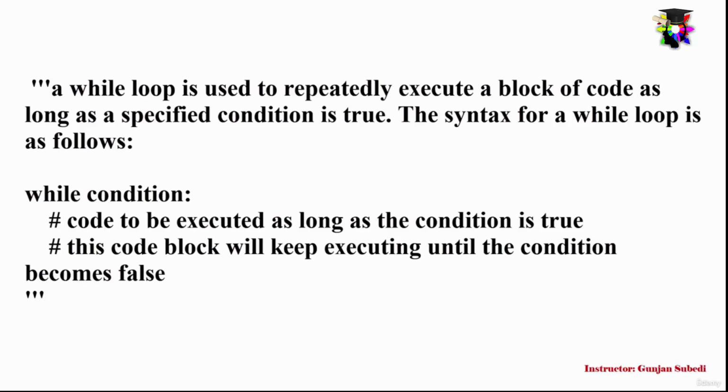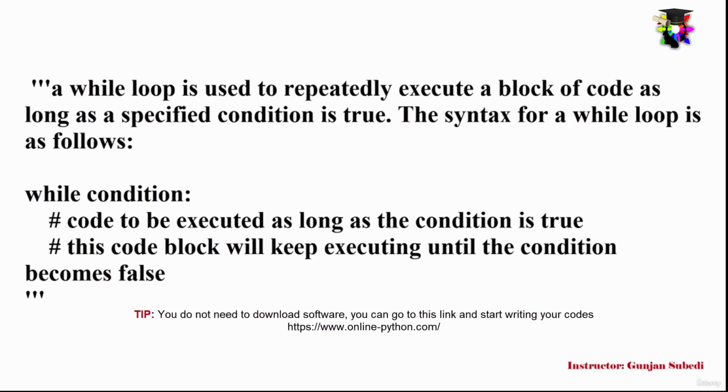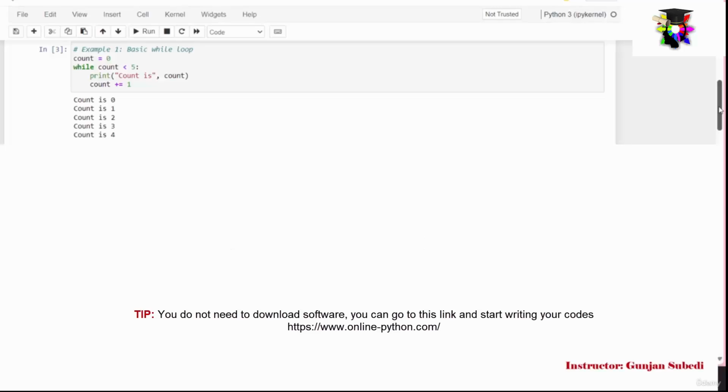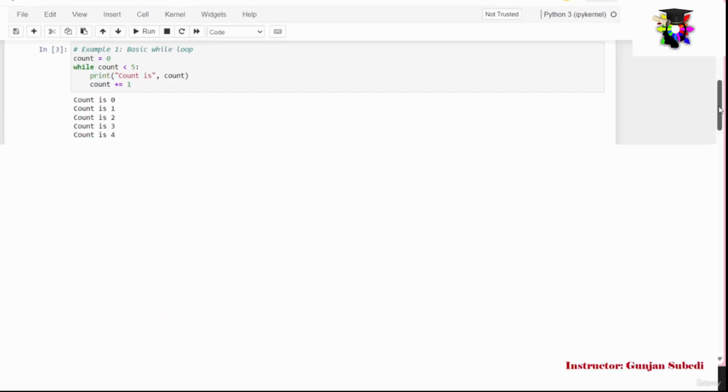To understand it much better, let's see an example. In this example, the loop will continue to execute as long as the count is less than 5. First of all, we assign count as 0 and we put a condition with the while loop. While count is less than 5, the print statement is given and count plus equals 1, which means it keeps increasing by 1, like 1, 2, 3, up to the point where count is less than 5.